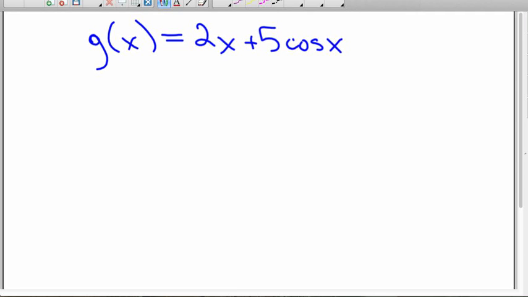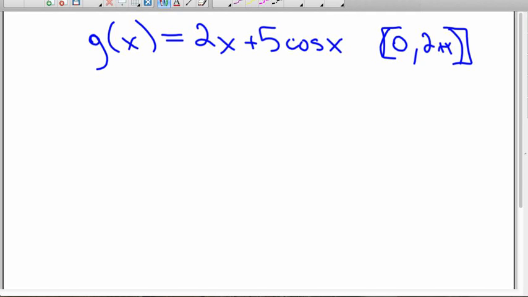On the interval 0 to 2 pi. Closed interval, which means you have to test the endpoints. Remember, if it's an open interval, you don't test your endpoints. If it's a closed interval, you do.